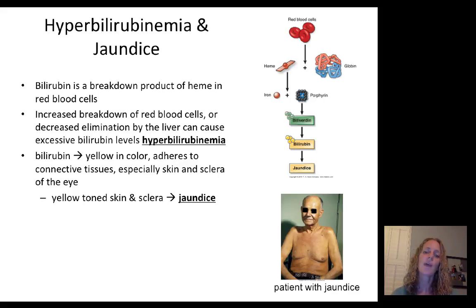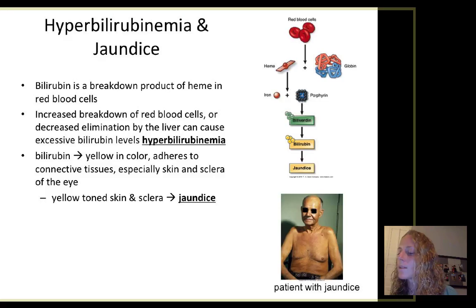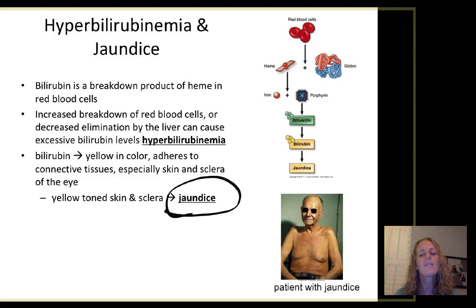Bilirubin has a yellow color and it adheres to connective tissue, especially the skin and the white of the eye, which is the sclera. Yellow-toned skin and/or sclera is jaundice. During our discussion of the digestive system, when we cover the liver functions in more depth, we'll return to this concept.